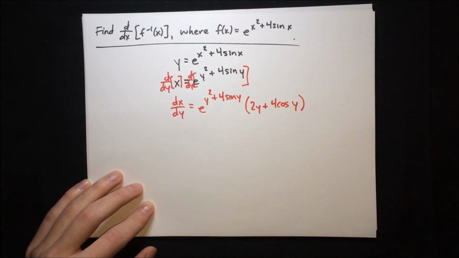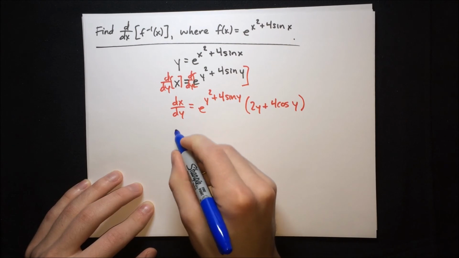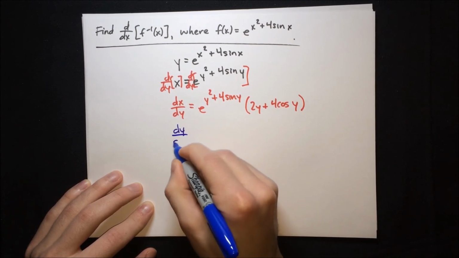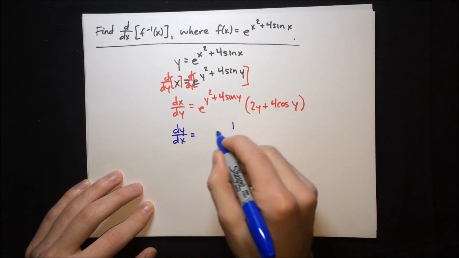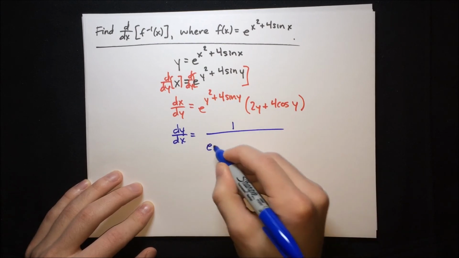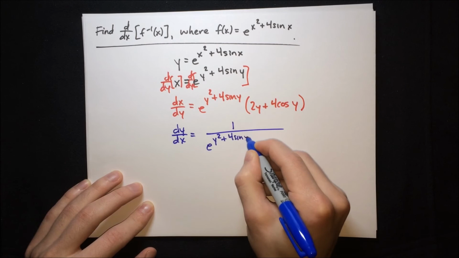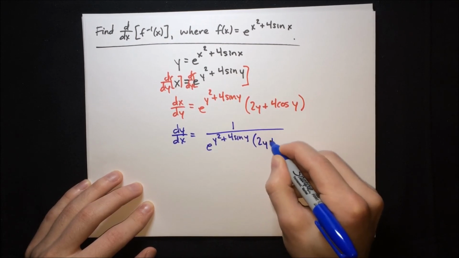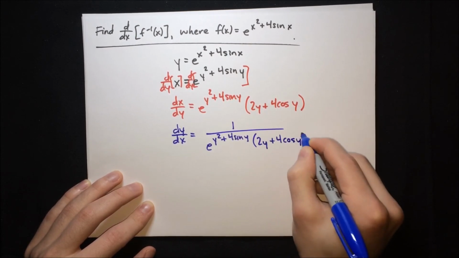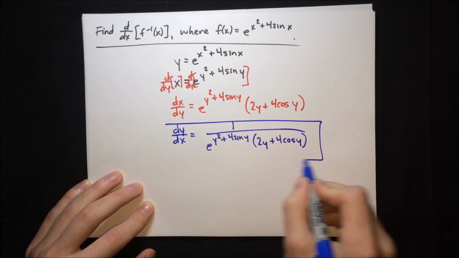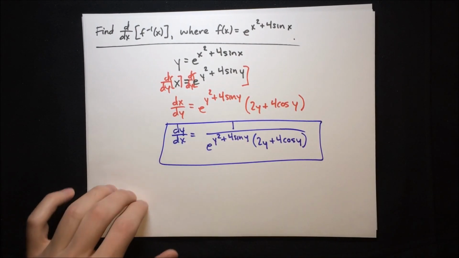And now for the finishing touch, we just gotta flip both sides. dy/dx equals 1 over all this stuff, 2y plus 4 cos y, and we're done. We've got it. There's our derivative of the inverse function.